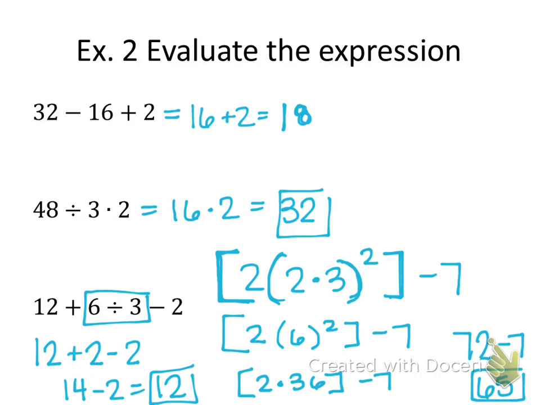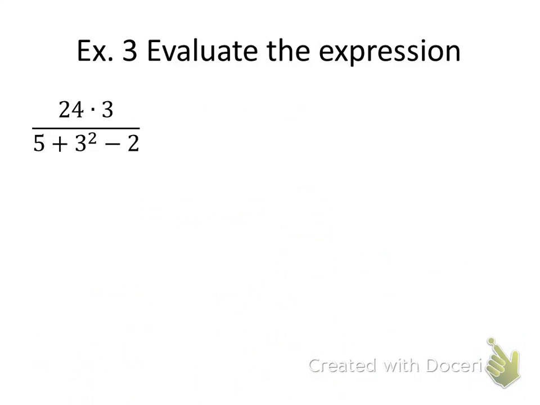Okay, last example. What we've got now is, again, they just want us to do order of operations, but I've got a problem with a division bar in this, okay? And that division bar is going to do exactly that. It divides the top from the bottom.